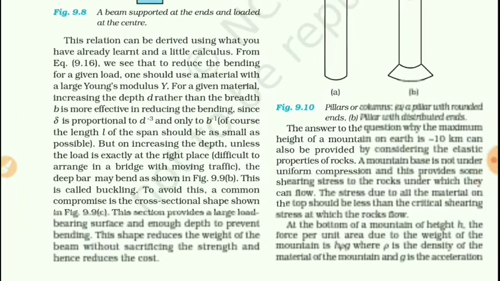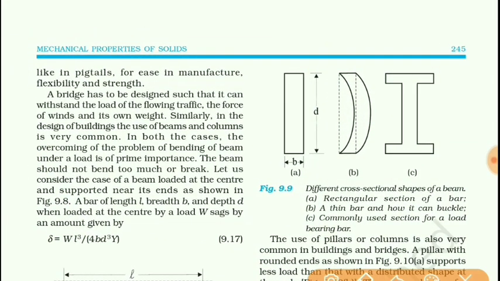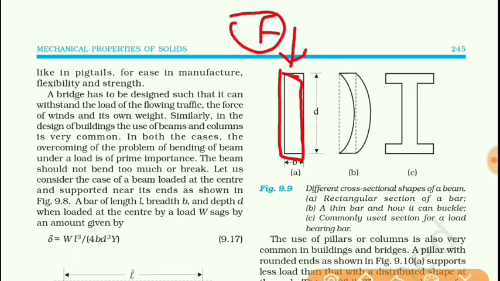Also, the shape in engineering. We know that for a metal strip, if we apply the force, then what will happen? If the force is large, this strip will bend in this way. Suppose you have taken a thin stick, and if you apply the force from these ends, what will happen?